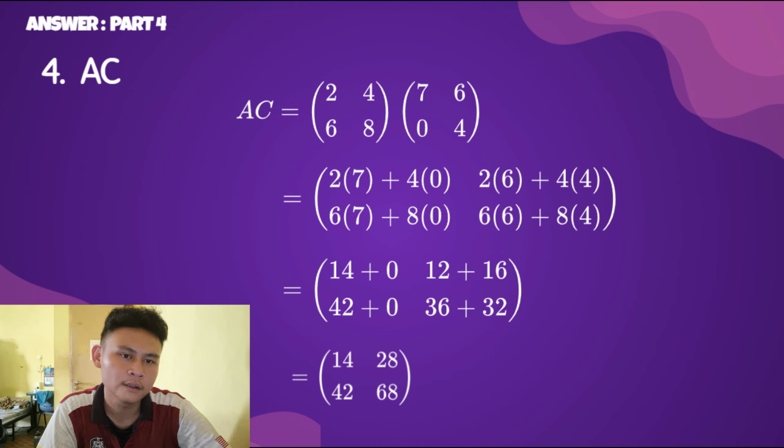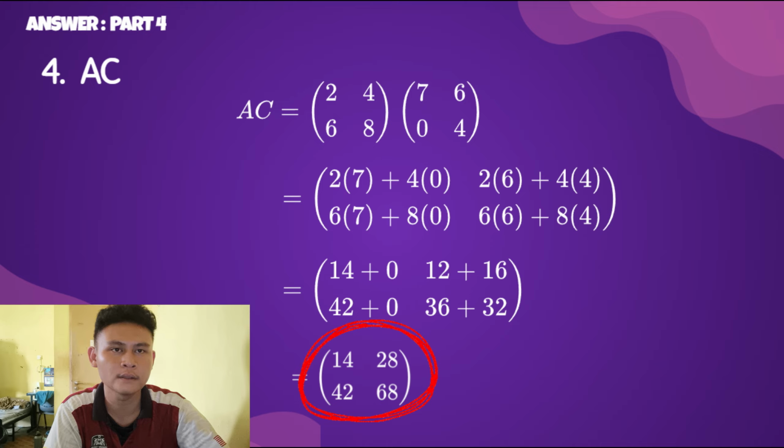So 2 multiplied by 7 and 4 multiplied by 0, 2 multiplied by 6 and 4 multiplied by 4, and 6 multiplied by 7, 8 multiplied by 6, and 6 multiplied by 7 plus 6 multiplied by 4. So we get the answer for AC: 14, 28, 42 and 68.